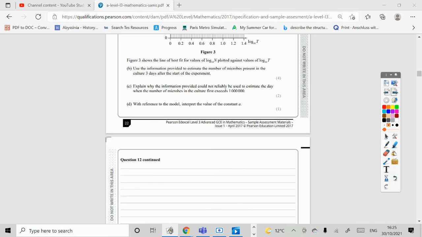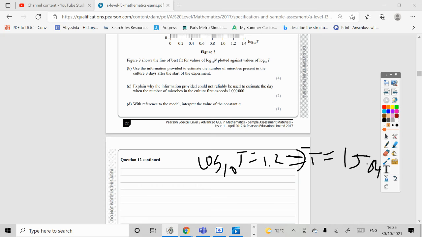Okay, part C. Explain why the information provided could not reliably be used to estimate the day when the number of microbes in the culture first exceeds 1 million. Well, for part C, we'll have log base 10 of t being equal to 1.2, which is the furthest data point.